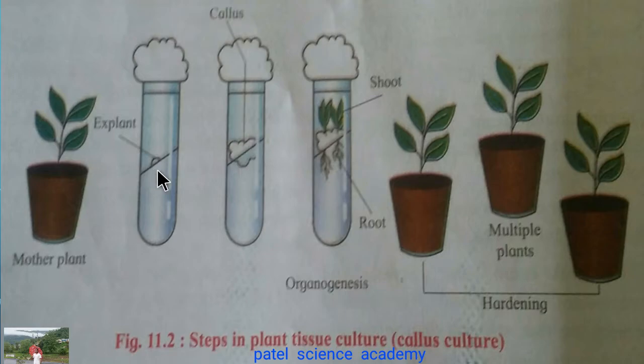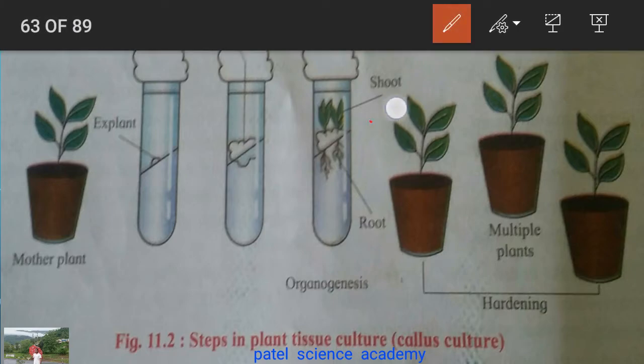So this simple cell is now converted into this callus, an unorganized mass, because of this nutrient medium, because everything is provided in the nutrient medium for this explant to convert into callus. Now what will happen? The next step includes the formation of the organs. That is why it is called organogenesis. Next step is organogenesis.